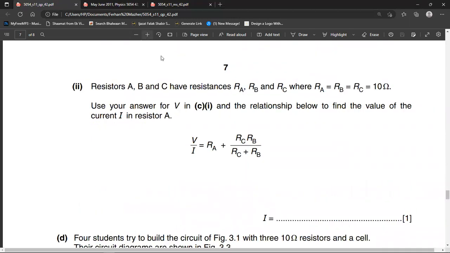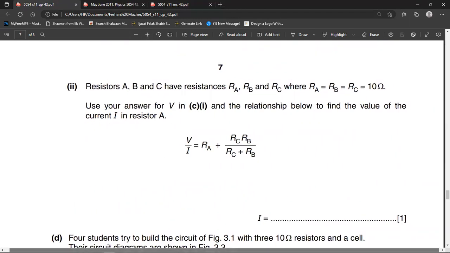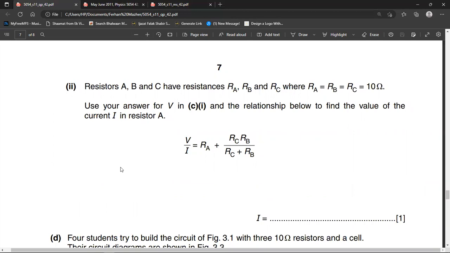He says resistors A, B, and C have resistances RA, RB, and RC, where RA, RB, and RC are all equal to each other and equal to 10 ohm.